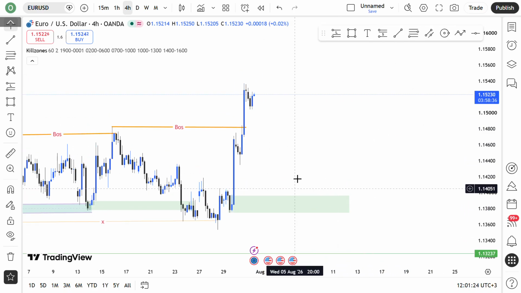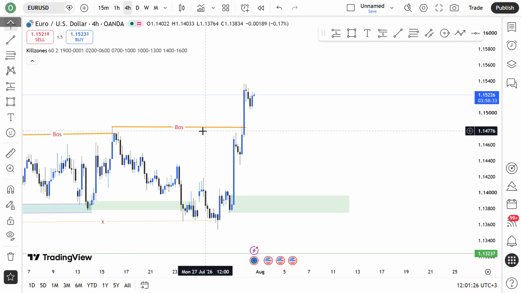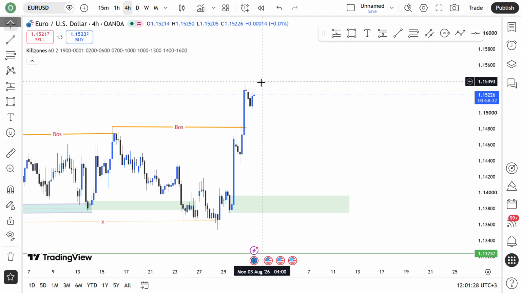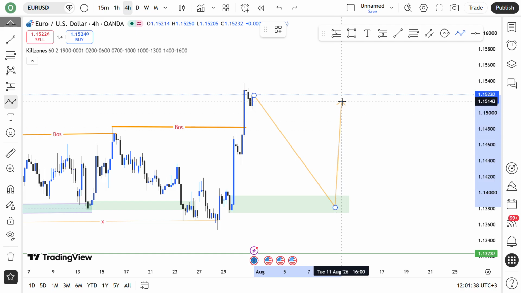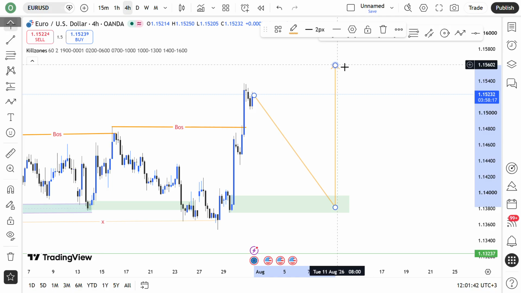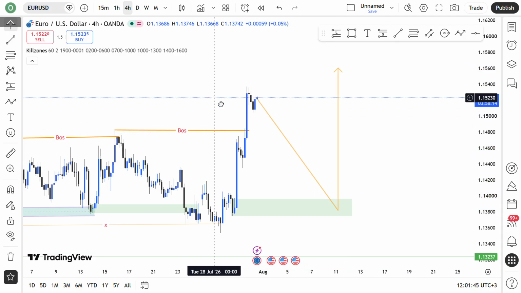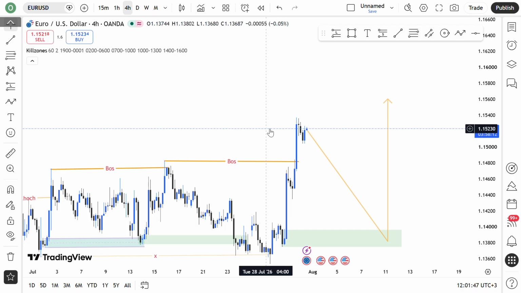So I'm expecting at least price, after taking this break of structure, to trade inside and take out these liquidities. After price trades on this area, we are going to find other entries for buys. So that's what I'm expecting from Euro USD.